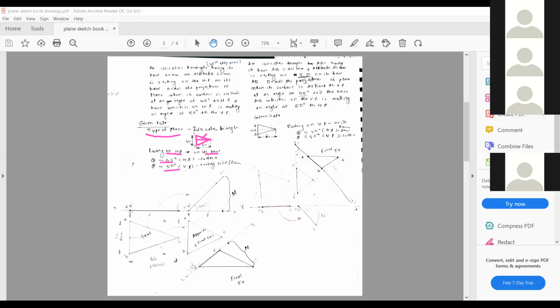So take a sufficient distance from the XY line below and mark one point, then draw a line perpendicular to the XY line of 40 millimeter length.